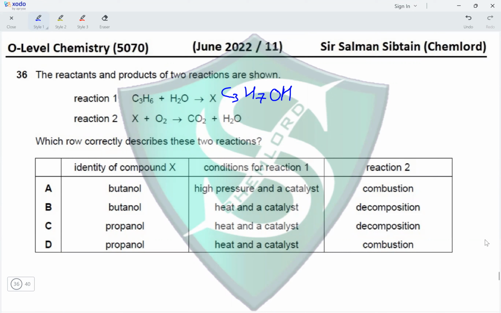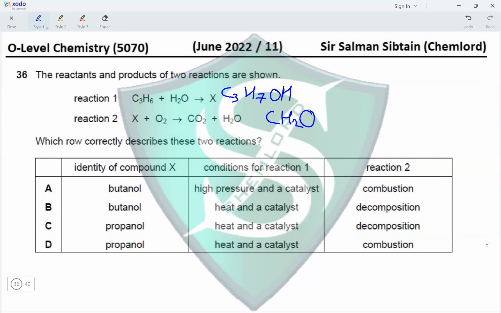Since we have 1 mole of CO2, we have one carbon atom present in X, and we have 2 moles of H2O, so we have 2 hydrogen atoms present in X, and the product contains a total of 3 moles of oxygen, and the reactants have 2 atoms present in the form of a molecule. So one oxygen is missing, so that oxygen will also be part of X. So X is CH2O.